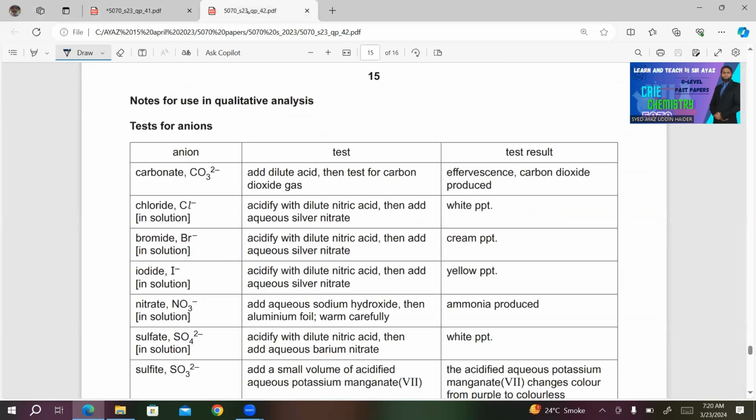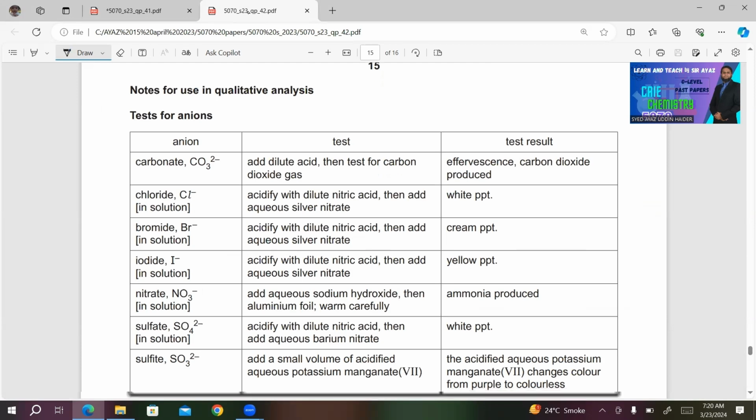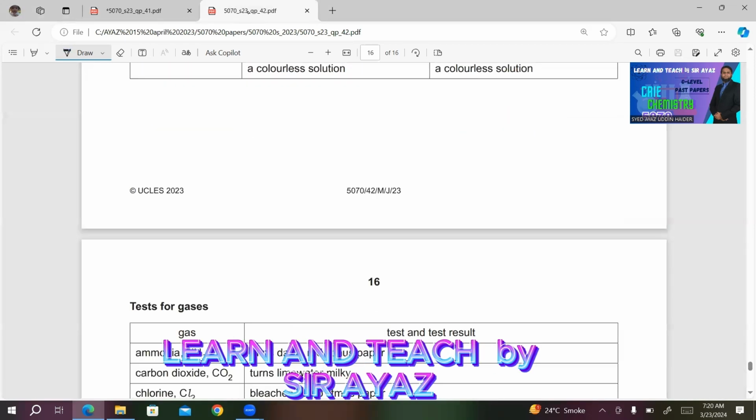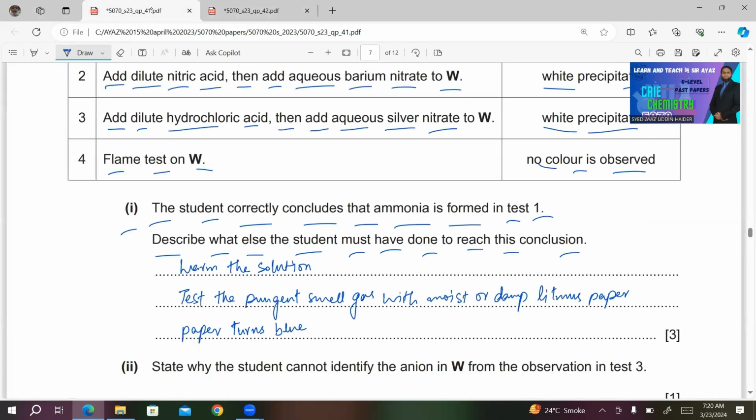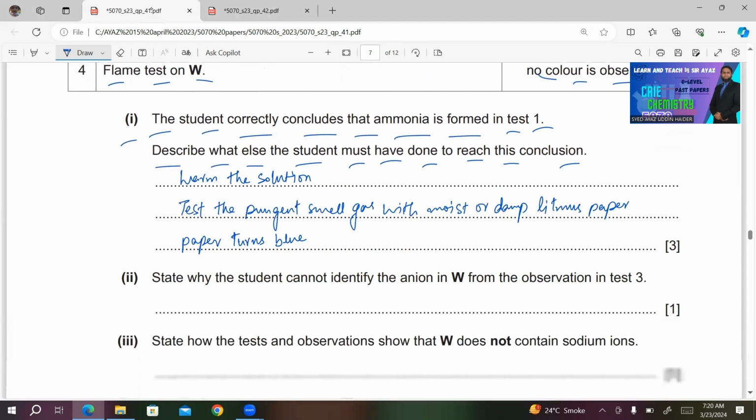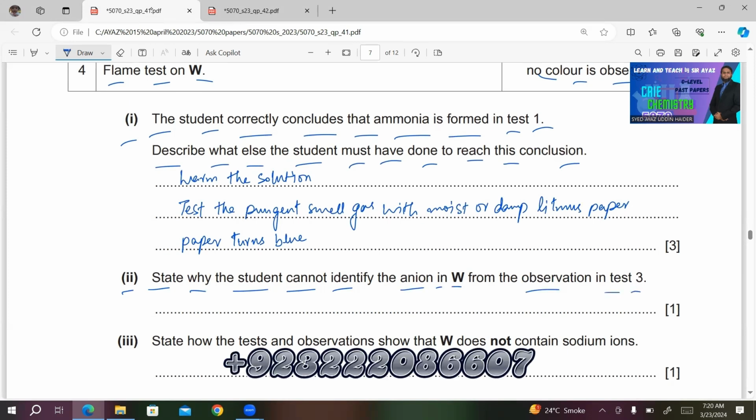You can check the test from this qualitative analysis list. You see the test for gas here, ammonia. It's turning damp red litmus paper blue. Number 2, state why the student cannot identify the anion in W from the observation in test 3.